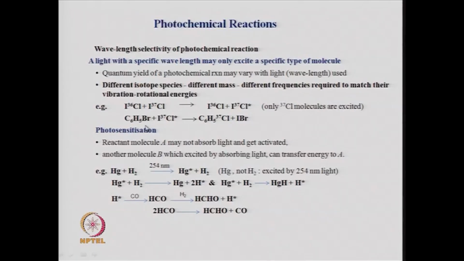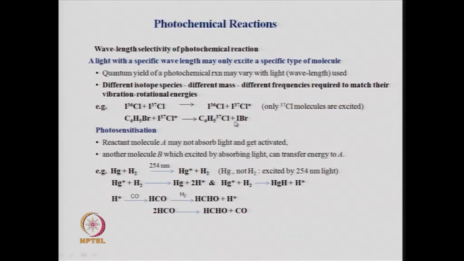For example, in this case it is bromobenzene, and this 37 ICl excited molecule reacts with bromobenzene, and hence the chlorine is substituted in the bromine position.